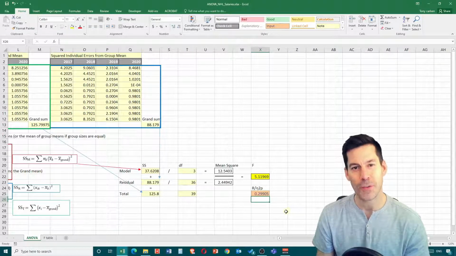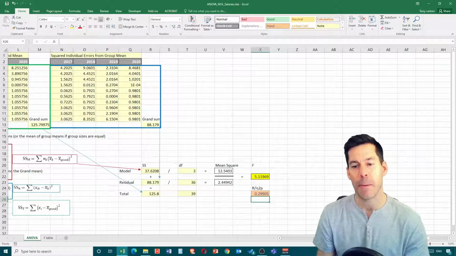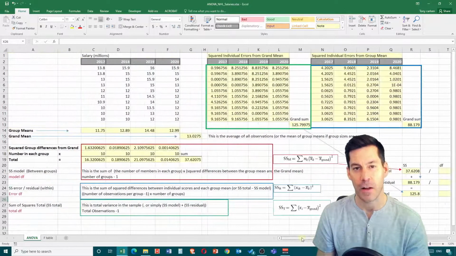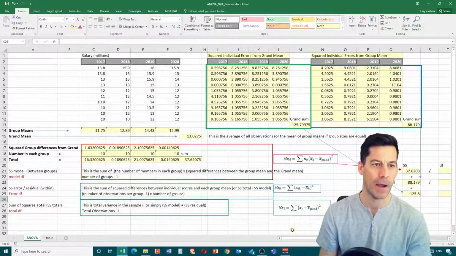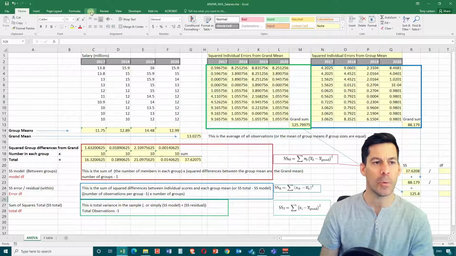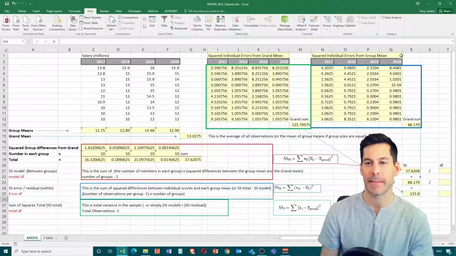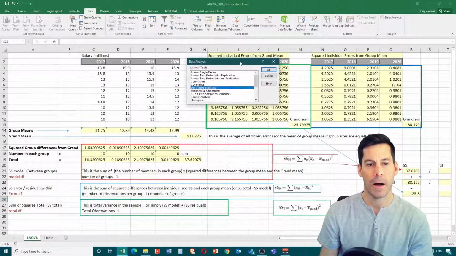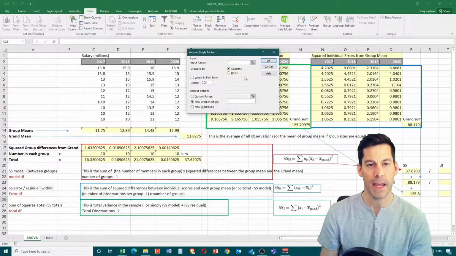Now, if you want to do this by using the built-in functions in Excel, we can do one more step here. So, if we go over to our Data tab and select Data Analysis, I can select ANOVA Single Factor. If I click on OK, it's going to ask me what my input range is.